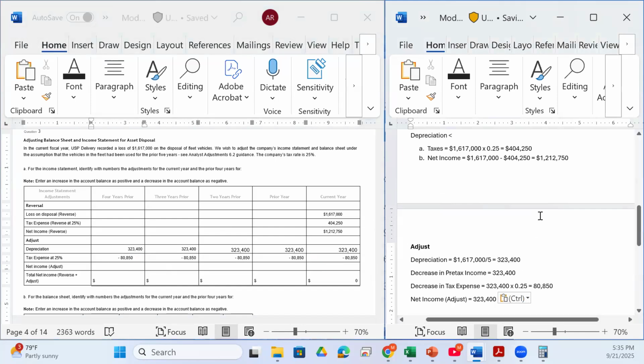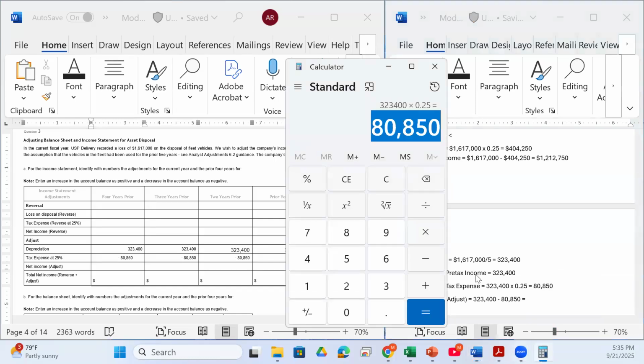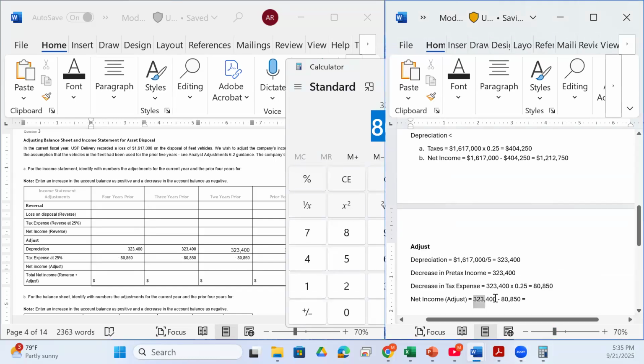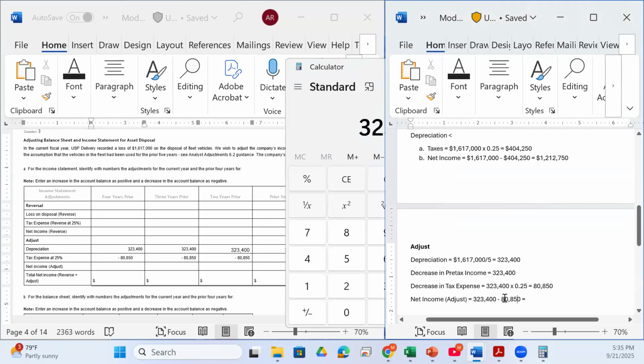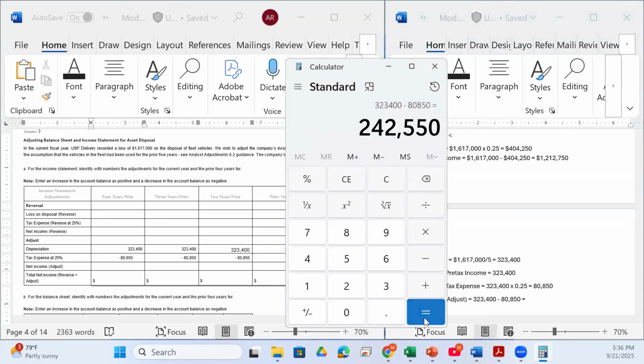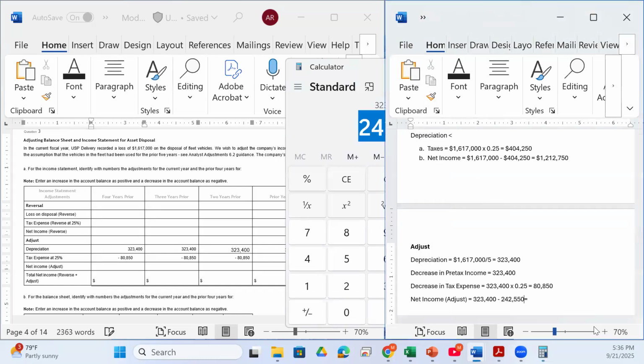And then our tax expense, which will be $142,550, right?